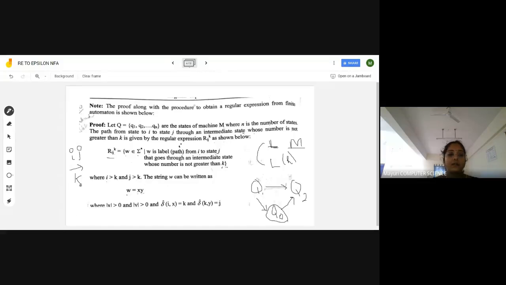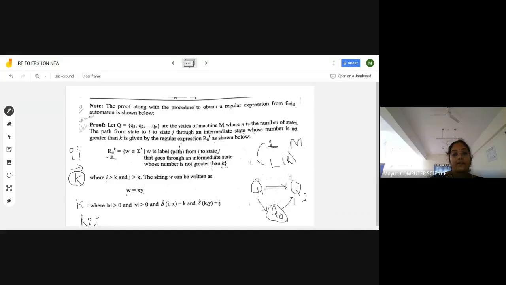Those n number of intermediate states are called K. So the regular expression to travel from I to J through K number of states is represented by Rij power K.